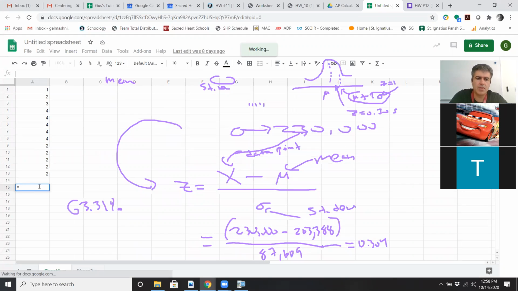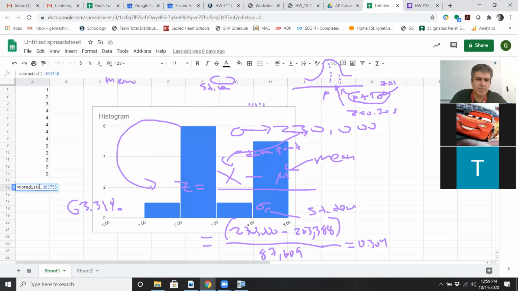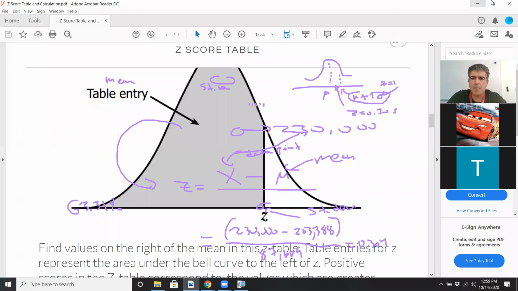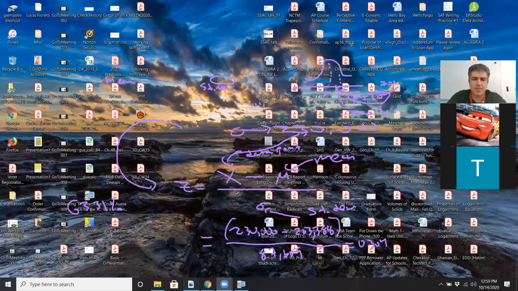So equals NORM.DIST, 0.303758 was my z-score, comma 0, comma 1. I think we did comma 0 after that. So I would say comma 1 if you want to be to the left. So you could do that too. Okay, that was that one.